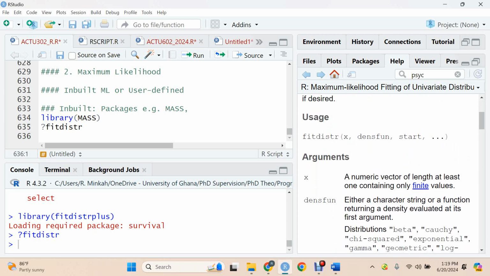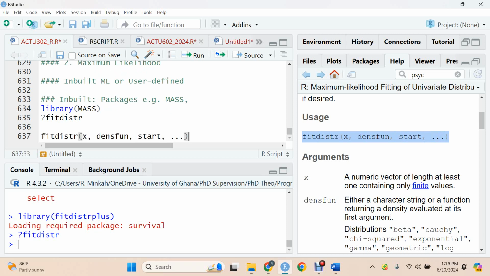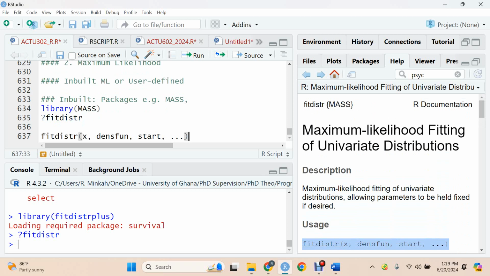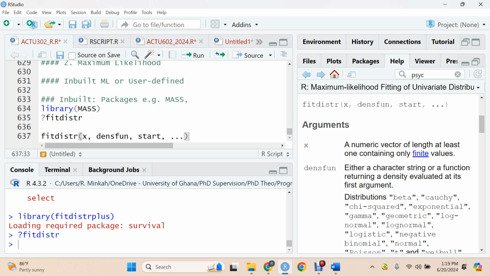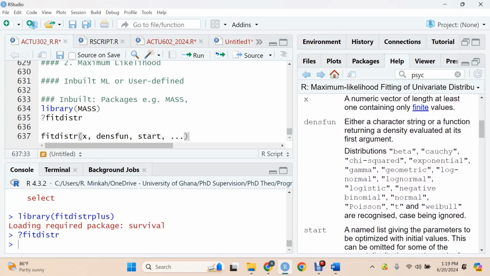So first of all, this function, its usage is of this form. It tells you that it is in the MASS package. But if you come here, these are the distributions that you can use it to fit. We have the beta, we have the Cauchy, we have the normal, log normal, what have you. Okay.